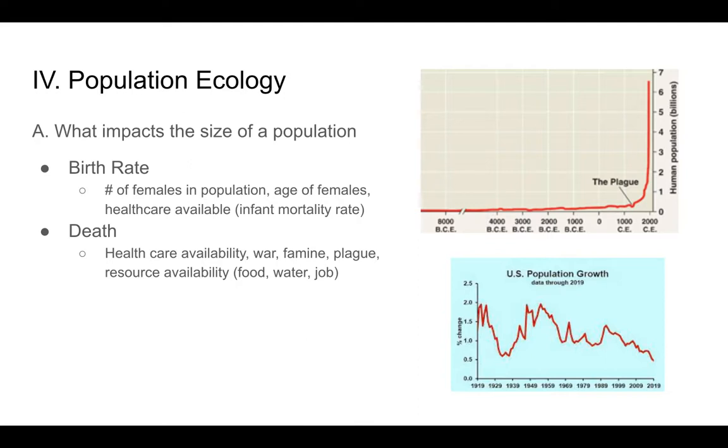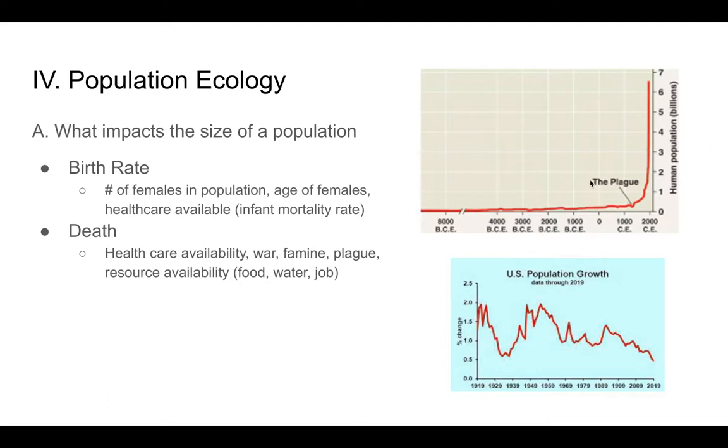Has the population experienced anything like war or famine or a plague, which is why this graph is in your notes? Does the population have access to resources, whether that is food or water? For us, I put economic resources. Are there high rates of unemployment, or can people access jobs and thus a living wage to be able to purchase resources that are essential for health and for life?